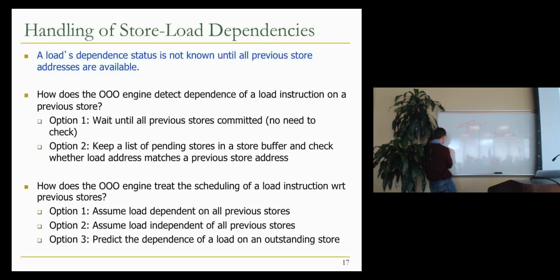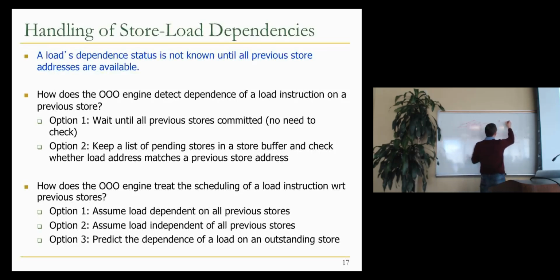which makes it complex. And the second thing that makes it complex is it's really a range search, right? When you do a load, you have an address, let's say the address is A. But you not only have an address, you also have a size. It could be a load byte, load word, load double word. So a load is really loading from address A to address A plus size.